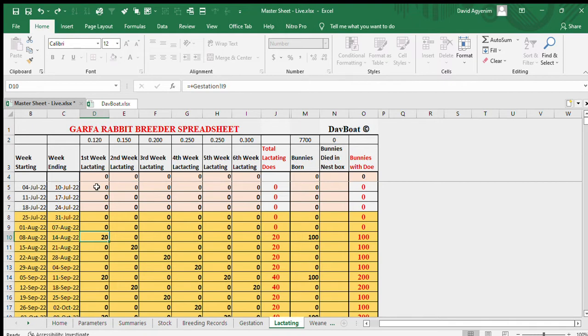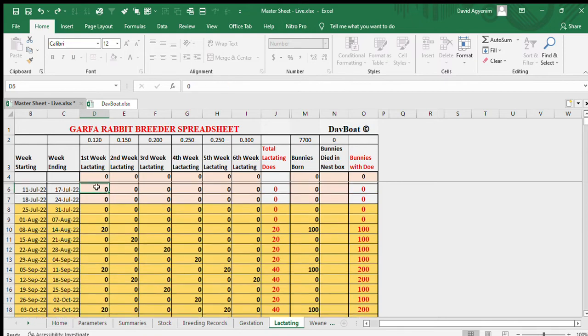Every 4 weeks we have 20 does giving birth. Some may be unsuccessful, others we may lose along the way, and the spreadsheet will show you where to input these figures for it to reflect on your farm.